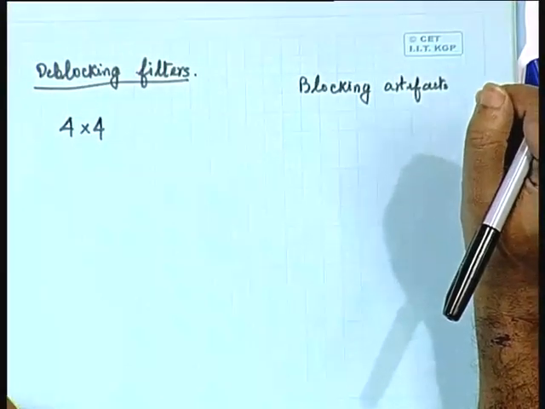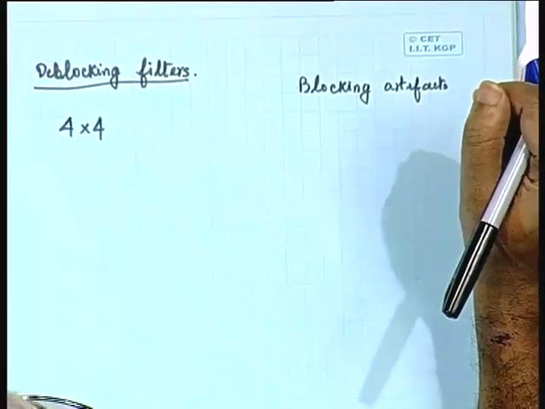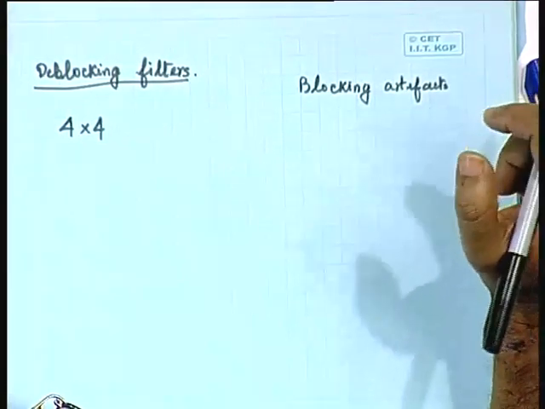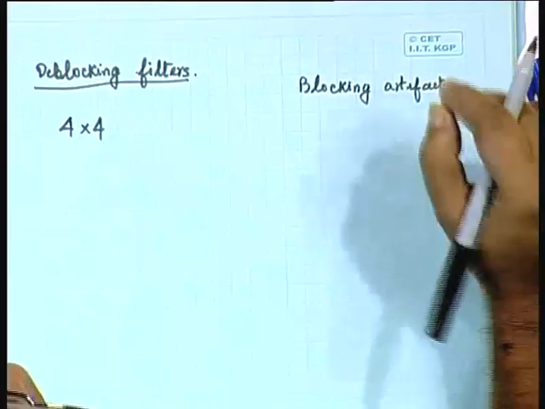Now, 4 by 4 is very good as far as capturing the local information is concerned, because preserving the local information within a small area of 4 by 4 is definitely helpful in encoding the details of the image, because you are not going in for a coarser block size.